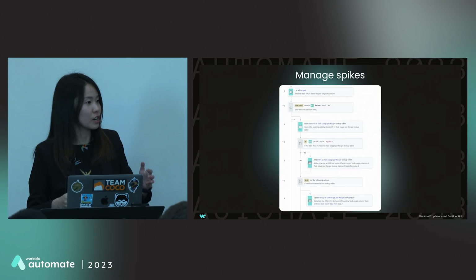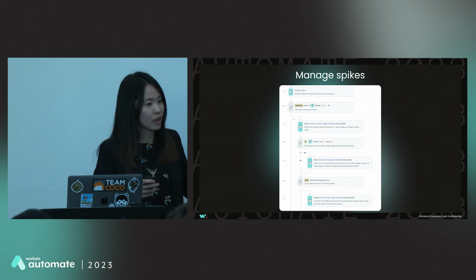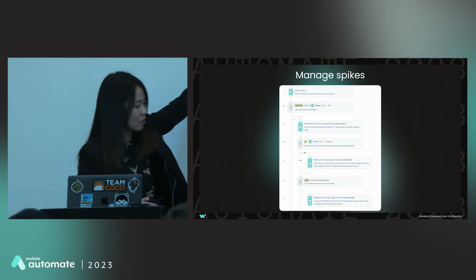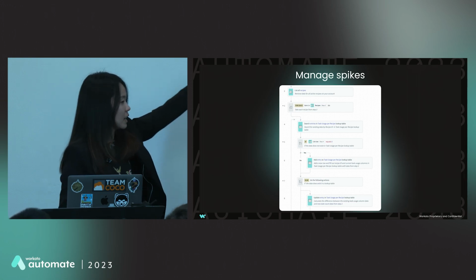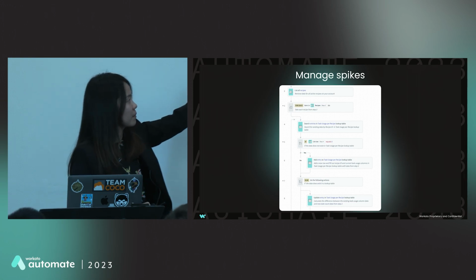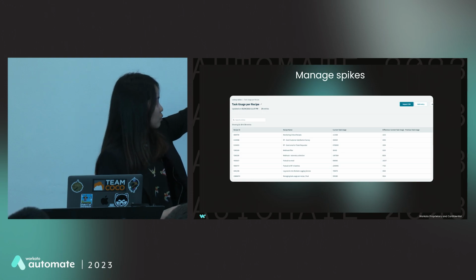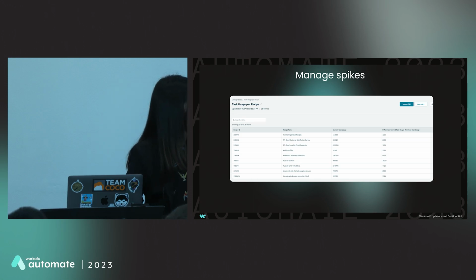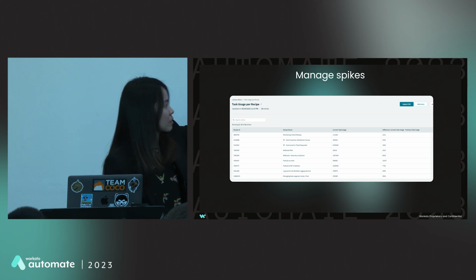If you want to manage spikes in individual recipes as well, there's a way to do that with Recipe Ops, with basically managing all the task numbers in the lookup table. So getting all your recipes, putting them in a lookup table, so it'll look something a little bit like this. So all recipe IDs, recipe names, the task usage, and the task usage in the previous amount of time.